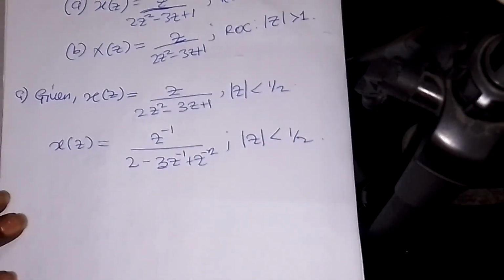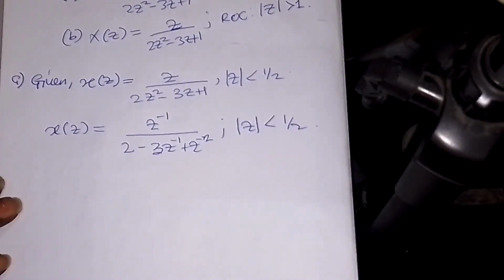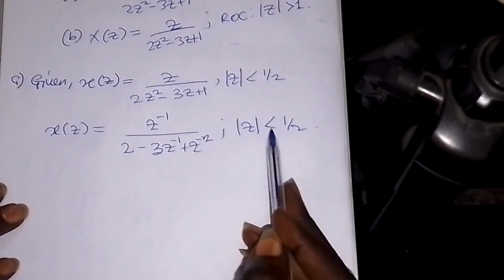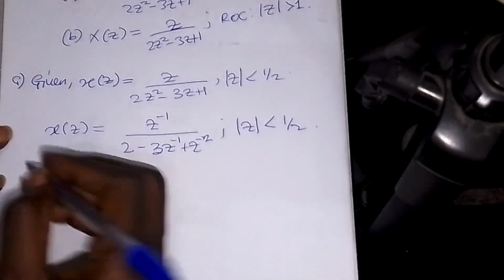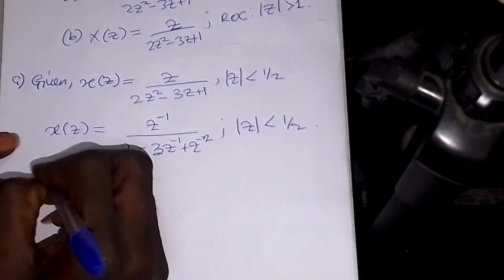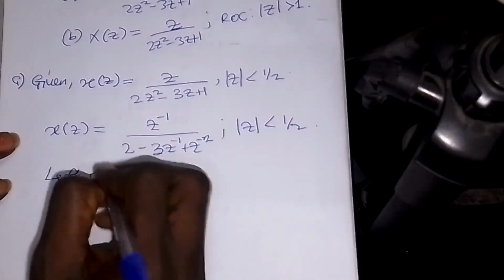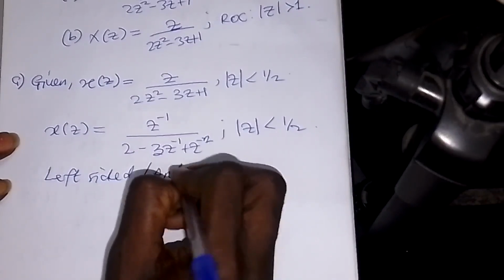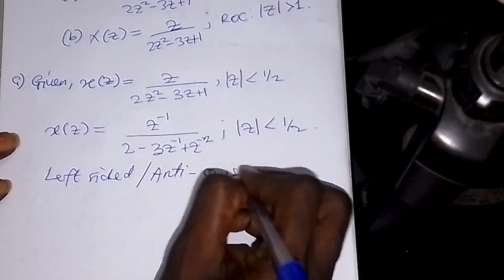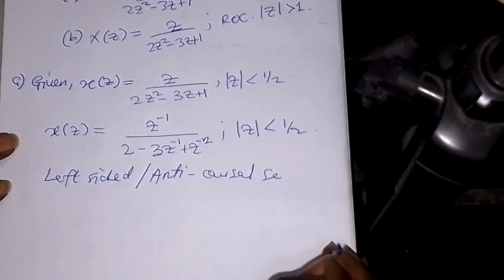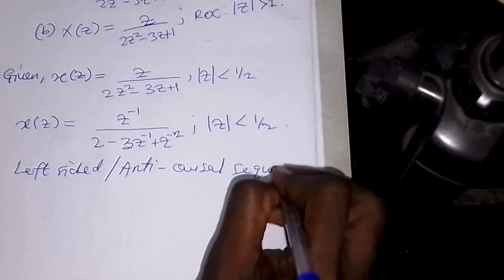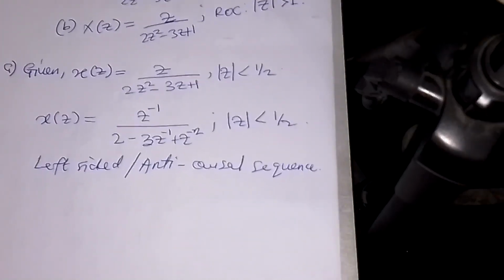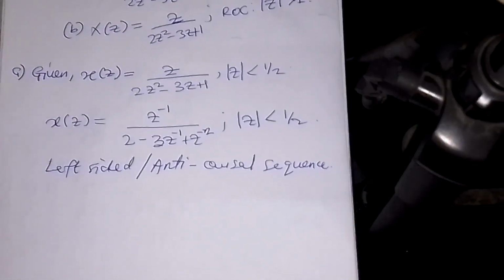If |z| is less than 1 over 2, then it means that it is a left-sided or anticausal sequence. So that's how we have to deal with it.